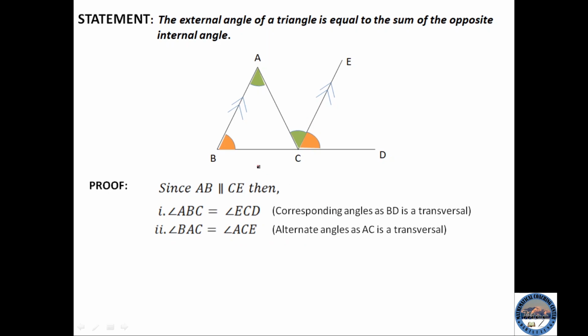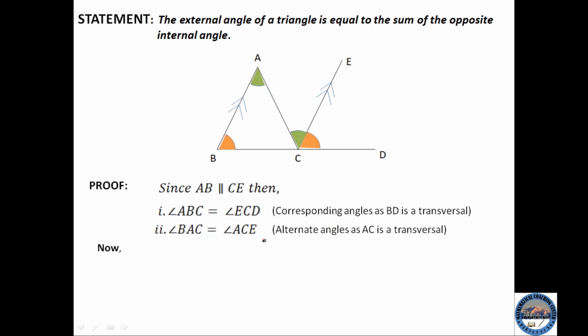For you to understand it in an easy way, I have colored them in different colors. These two angles are equal because they are corresponding angles, and this angle and this angle are equal because they are alternate angles. So angle ABC is equal to angle ECD, and angle BAC is equal to angle ACE.